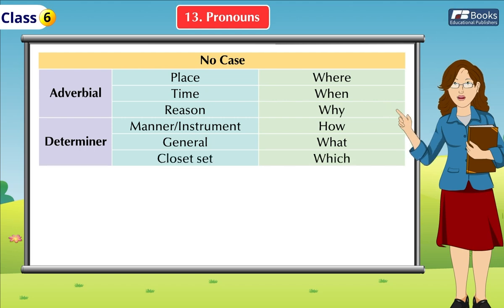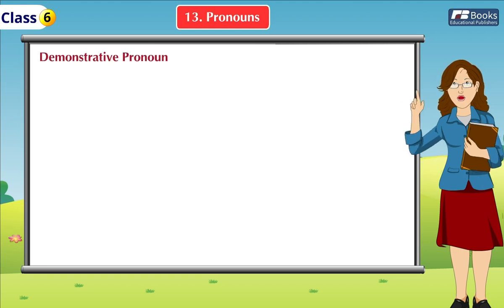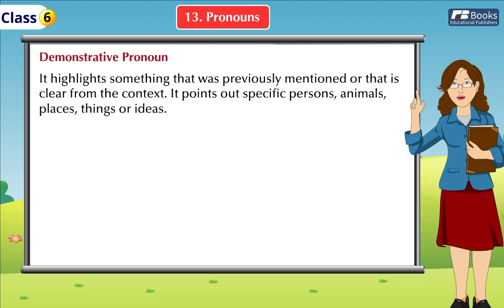Closed set: which. Demonstrative pronoun: it highlights something that was previously mentioned or that is clear from the context. It points out specific persons, animals, places, things, or ideas. "This is my friend Samir." Singular.